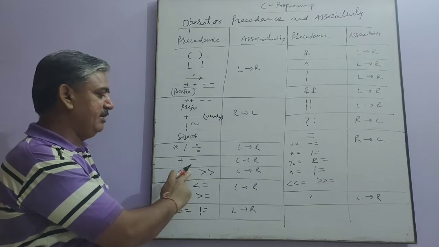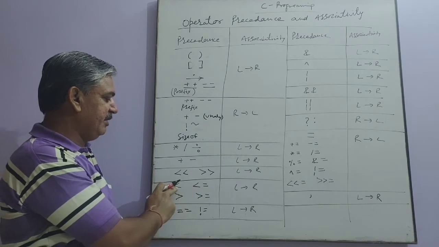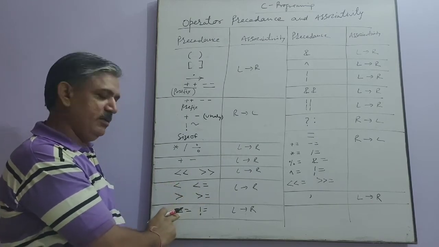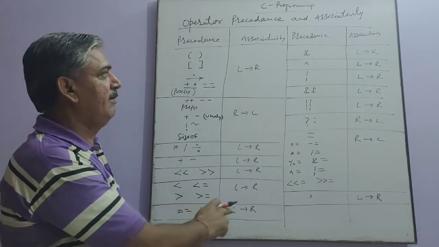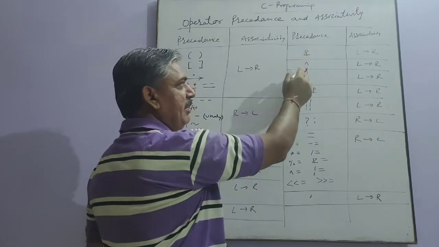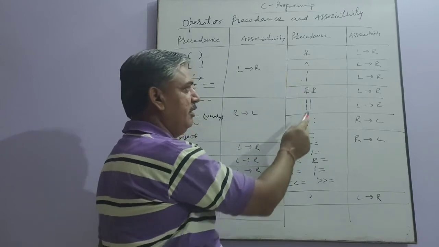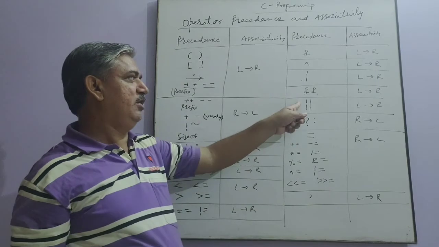Then bitwise left shift, right shift, relational: less than, less than or equal to, greater than, greater than or equal to. Then the equality operators: equal, not equal. Then bitwise AND, bitwise XOR, bitwise OR. Then logical AND, logical OR.